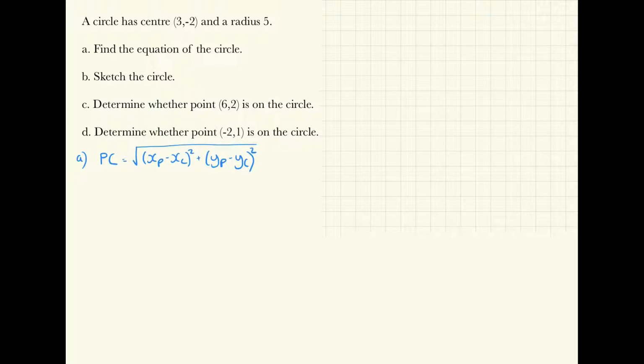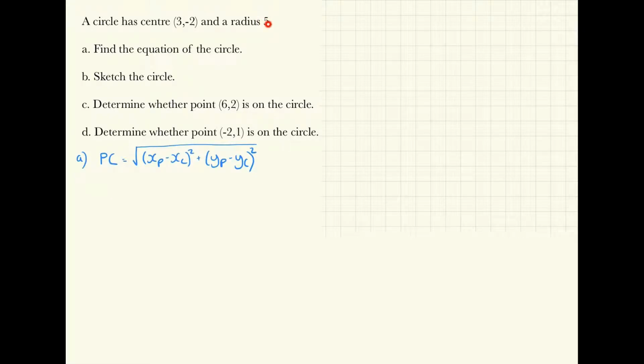All right, now that we have the equation of a circle, we need to go ahead and make it the equation of this circle. So substituting the information that we know. We know the coordinates of its center, and we know how big it is. We know the radius. So let's go ahead and plug those numbers in. Now remember, the distance between any point on the circumference and its center is the radius.